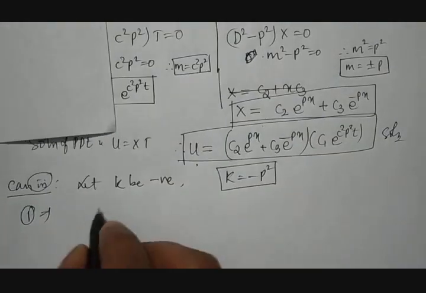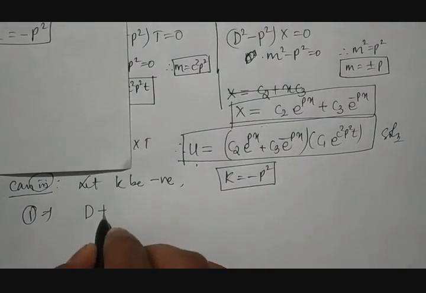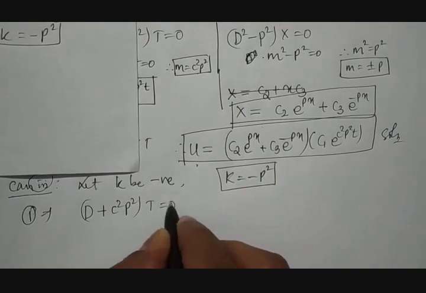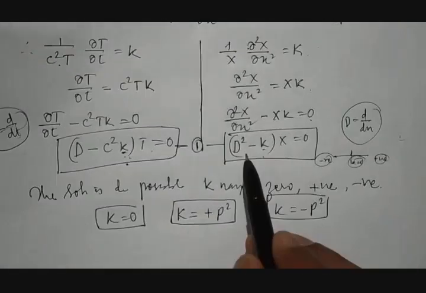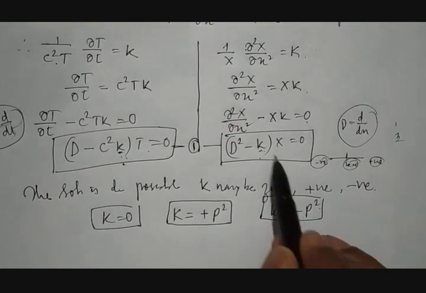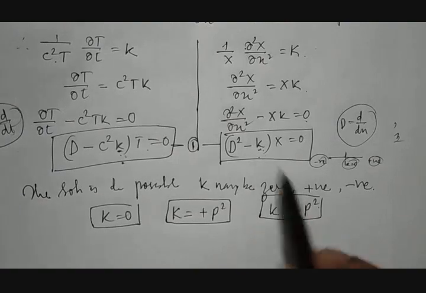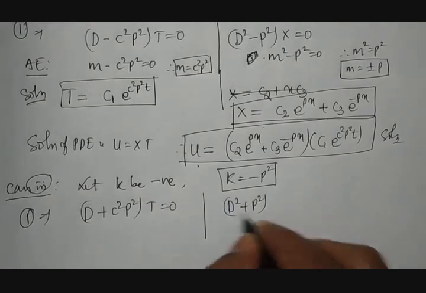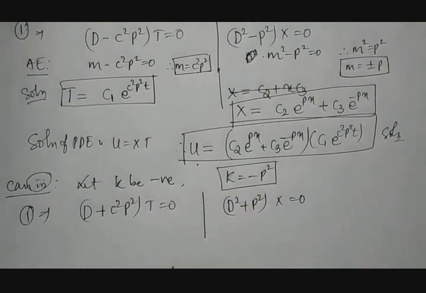D minus of minus plus C square P square of T equal to 0. Similarly, D square minus K, but K is nothing but minus P square, so minus of minus will be plus. So it becomes D square plus P square of X is equal to 0.